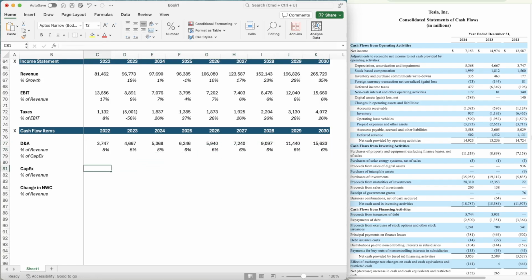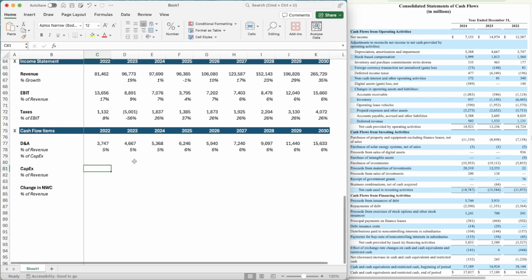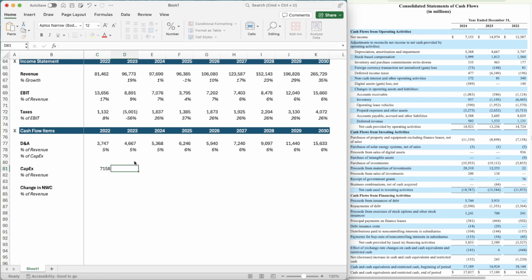Okay, so let's go to the CapEx, which is purchases of property and equipment, excluding the finance leases net of sales. So 7158, 8898, 11339. We want to know what this is as a percentage of revenue.